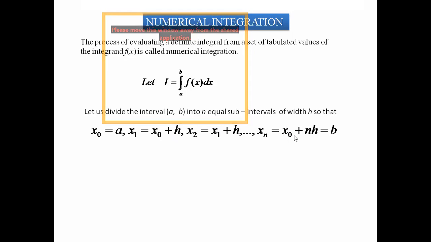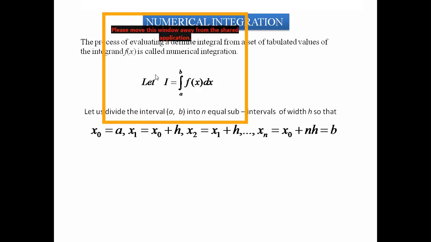The last one, xn, you can write either x naught plus nh or xn minus 1 plus h. That one you take as b. So from A to B you have to reach, giving a small equal increment to the starting point A. So go on adding till you get B. Like that you have to divide.